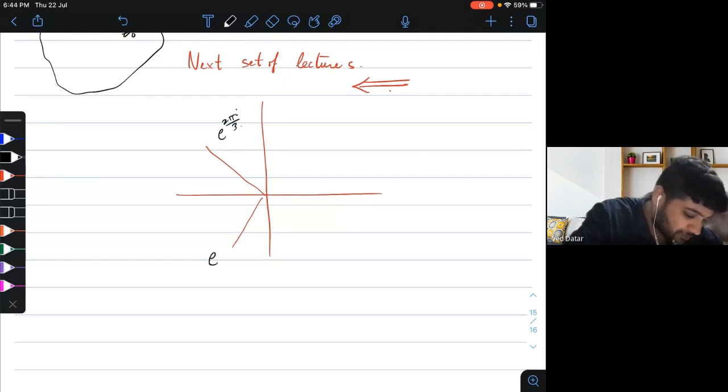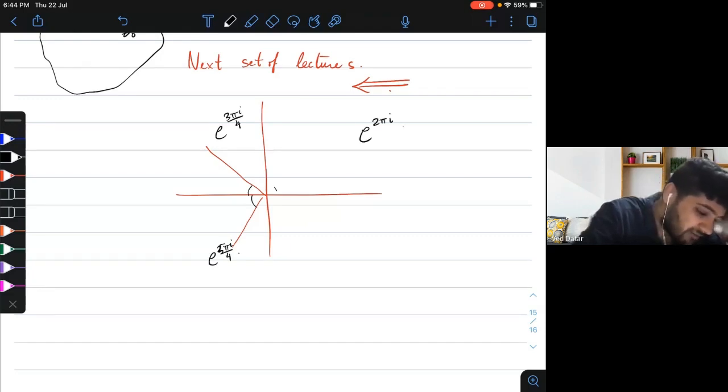Then maybe you have something like e to the 3 pi i by 4 and e to the 5 pi i by 4. If you multiply these two together, the resulting complex number will be e to the 8 pi i by 4, so 2 pi i, which is just the number 1, right?